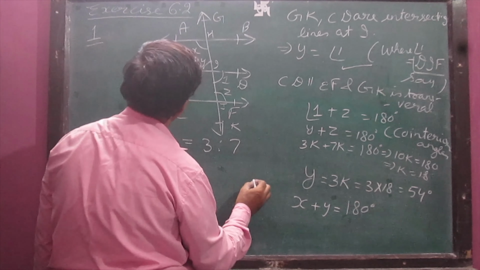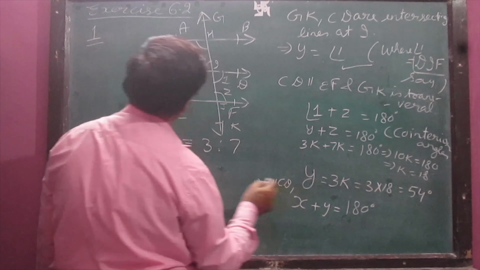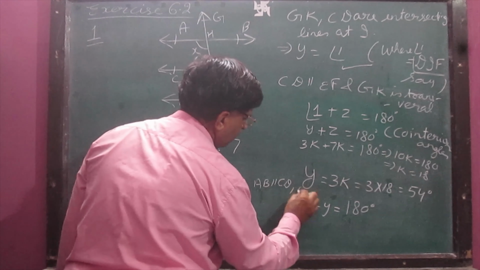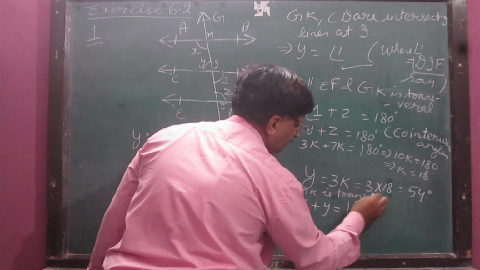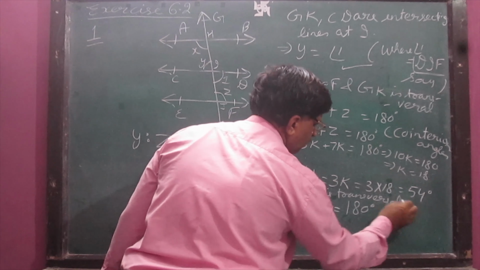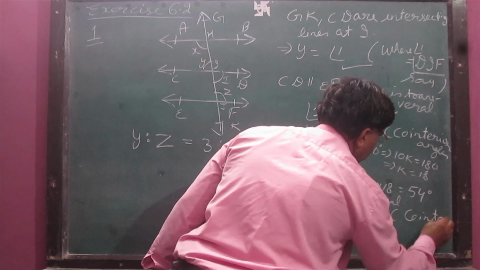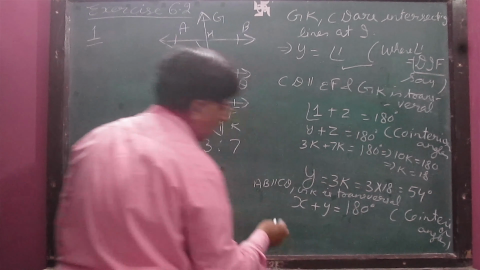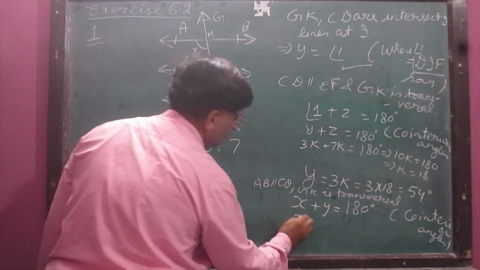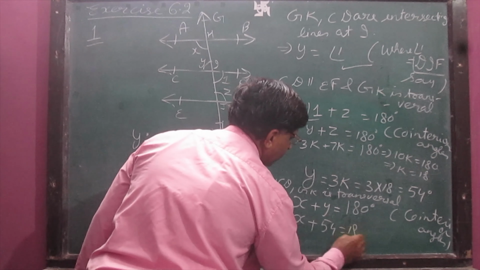For that you must write AB parallel to CD and the name of the transversal GK. GK is a transversal. Make it a habit. Reason: co-interior angles. Now X plus Y: the X value is to be found, the Y value is 54, total 180.